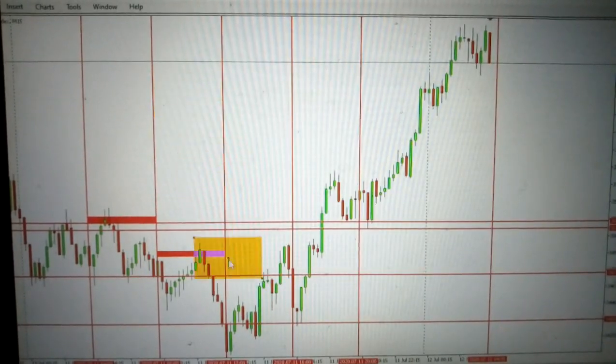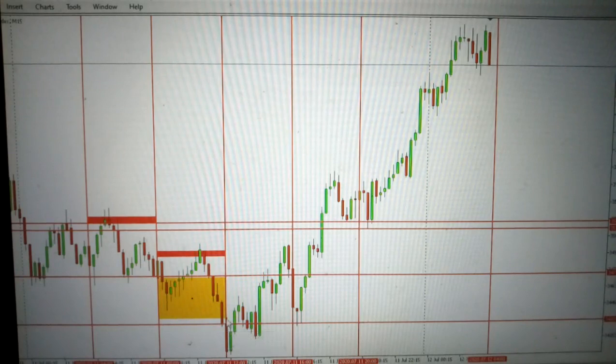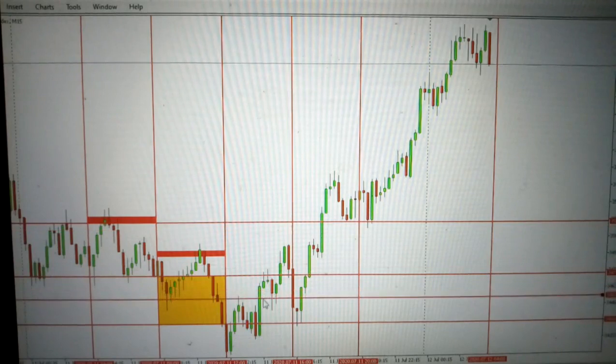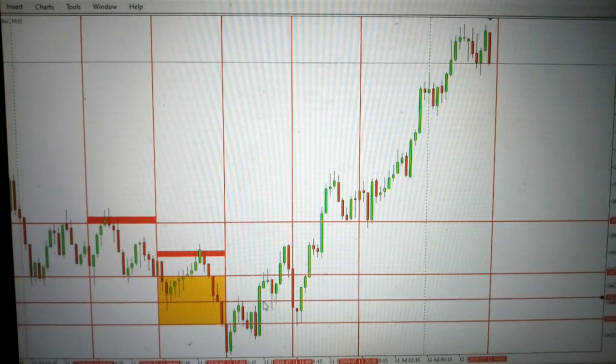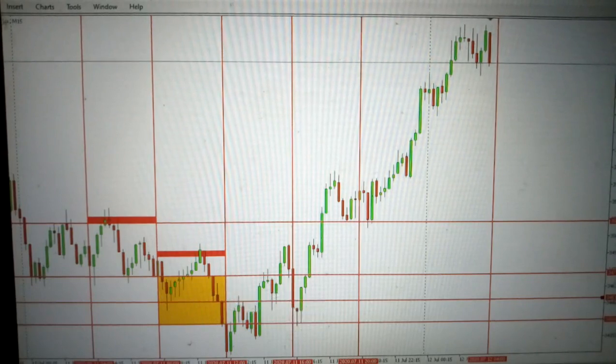Now what I'll do is map out the box. This is the box we are working with now. Price dropped from here to this point. So what I'll do is I'll divide this rectangular box into two. Now since I have a drop, I'll be mapping out my resistance around here.